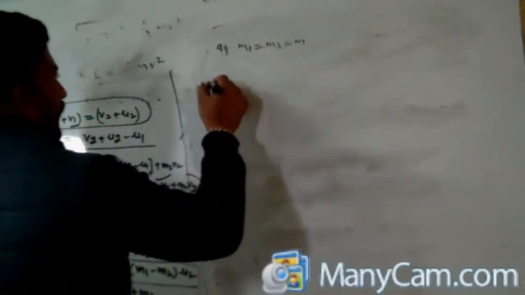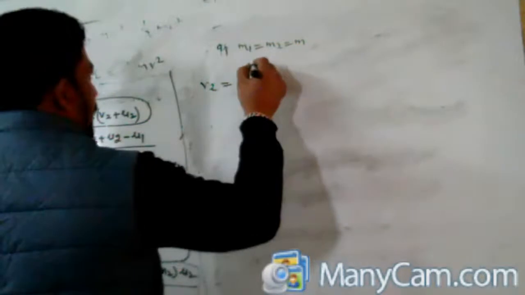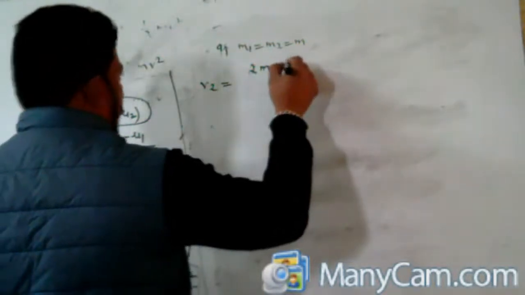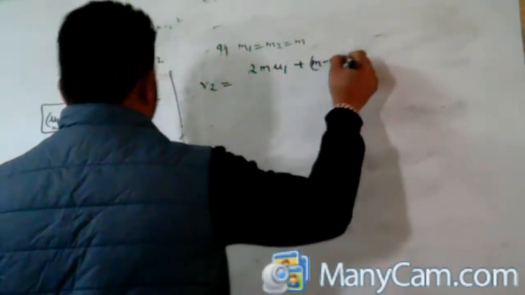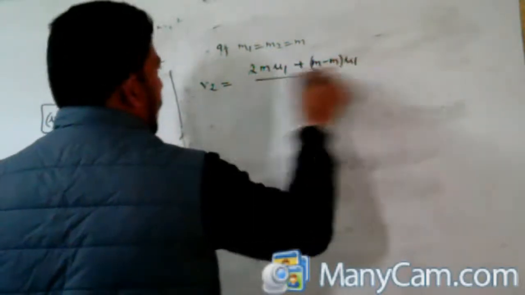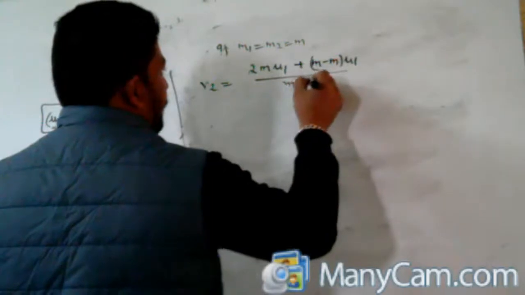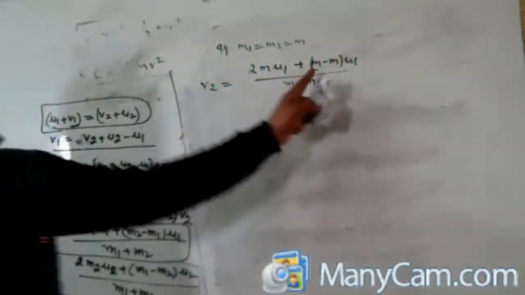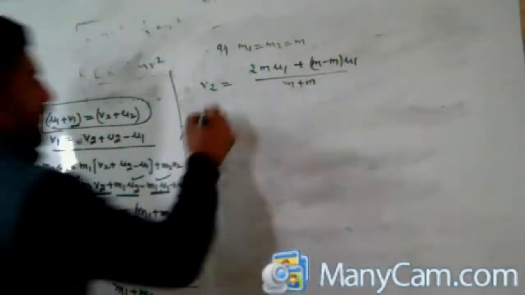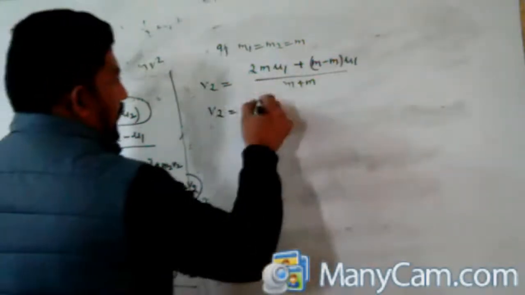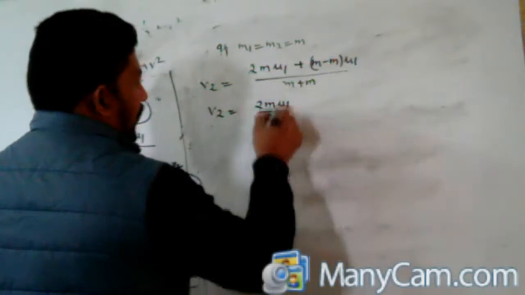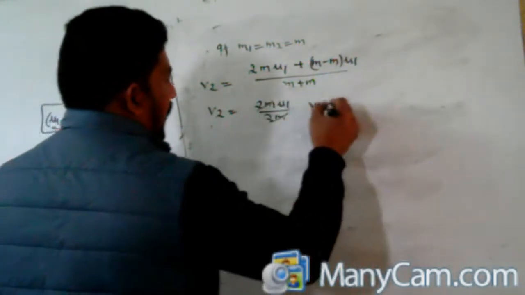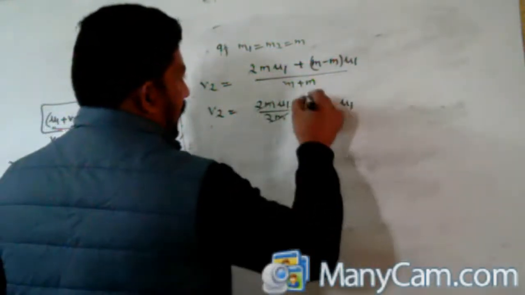Now v2 is equal to [2m u1 plus (m minus m) u2] divide by (m plus m). अब बेटा देखो इधर m minus m mean 0, so v2 is equal to 2m u1 divided by 2m, 2m remain cancel out, so v2 is equal to u1.